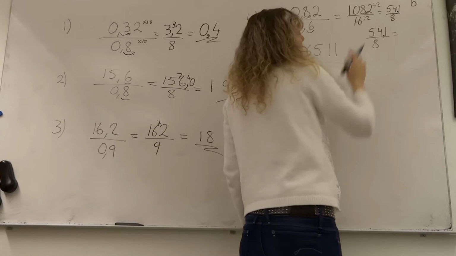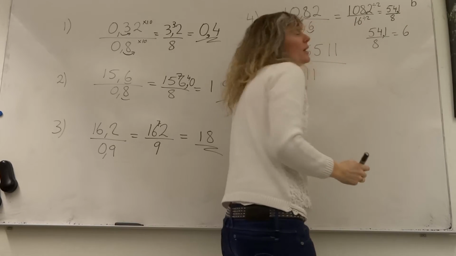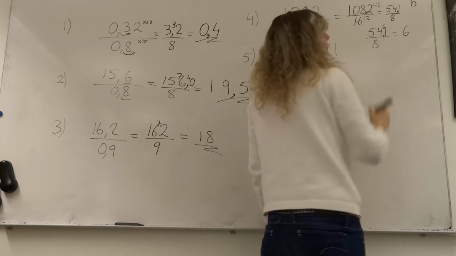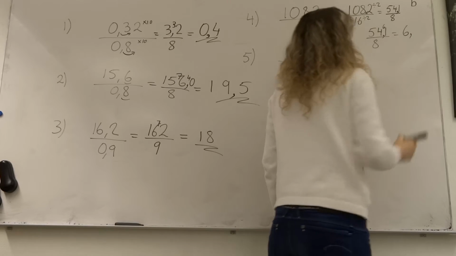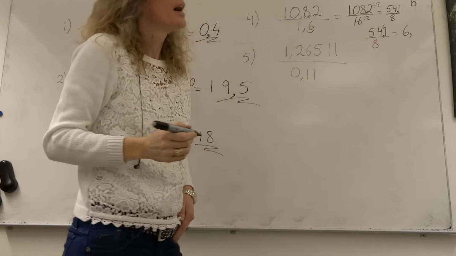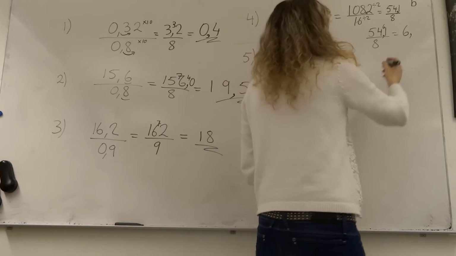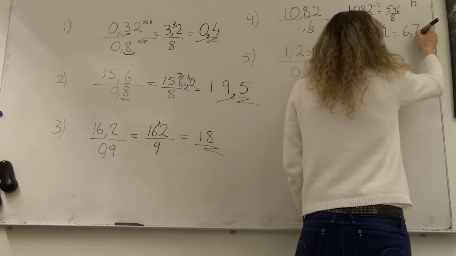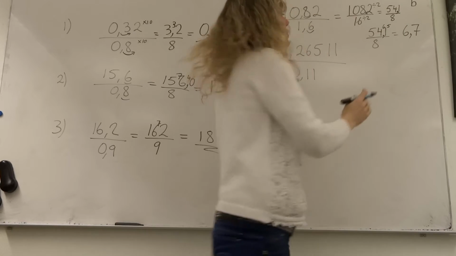So 8's into 54, well 6 8's are 48, and that would be 6 left over. 8's into 61. 7 8's are 56, giving us 5 left over. So we've got to carry on here.